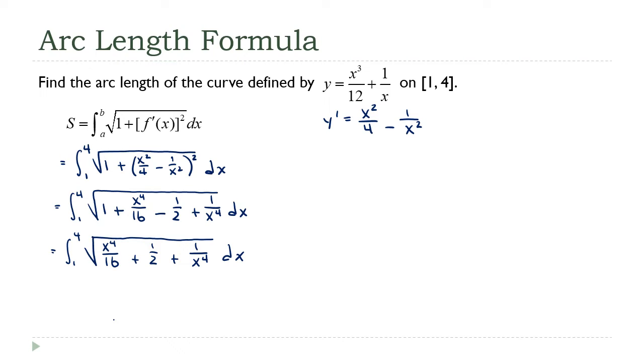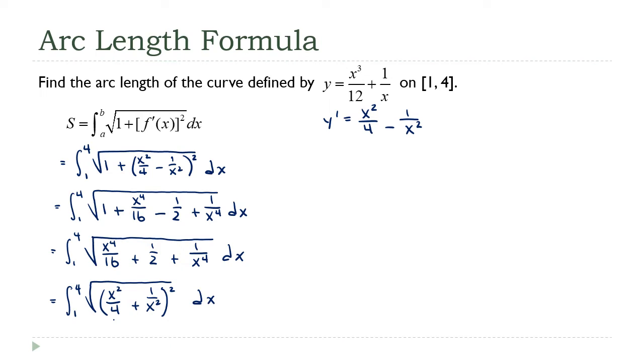Now, it may not be immediately obvious to you, but you can check this. This thing actually factors here. This is the integral from 1 to 4 of the square root of x squared over 4 plus 1 over x squared dx. Right?